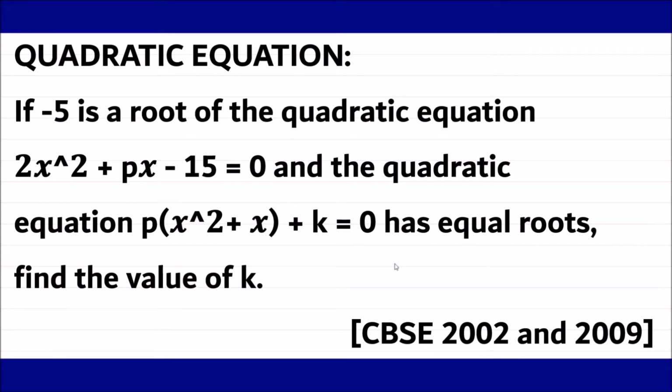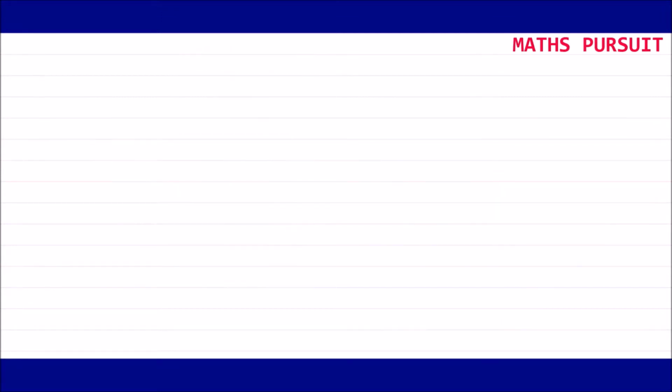Now the given equation is 2x^2 + px - 15 = 0. This is the question that is being given.